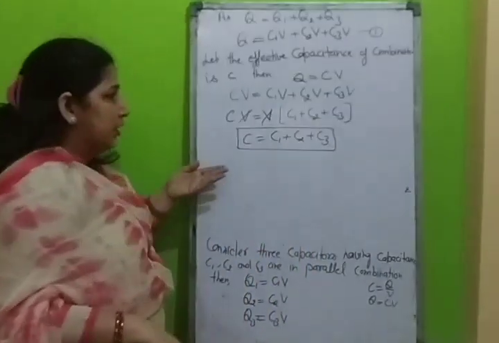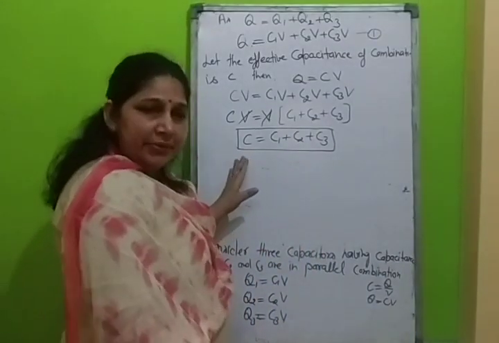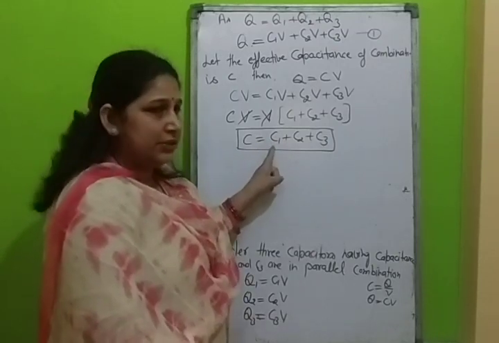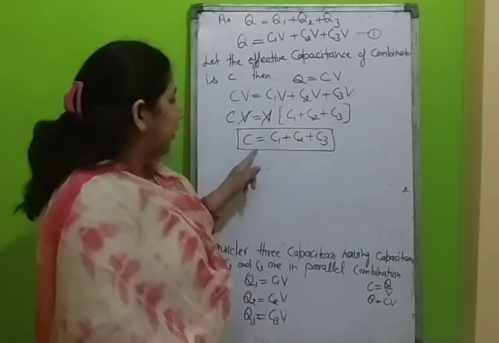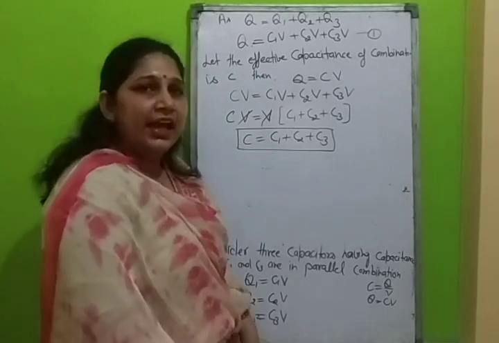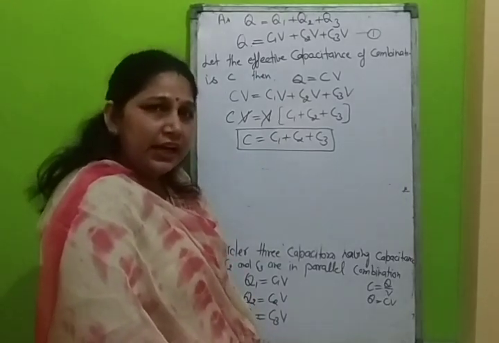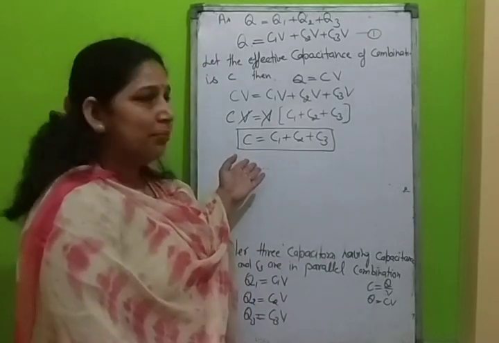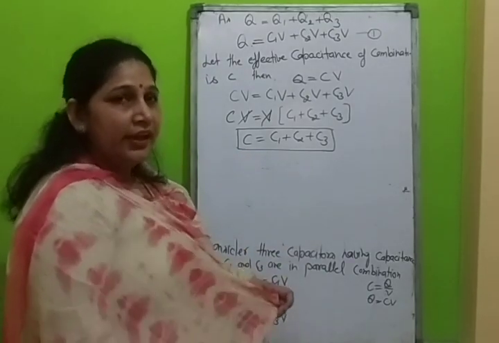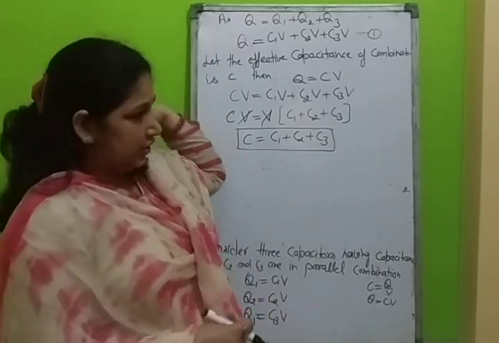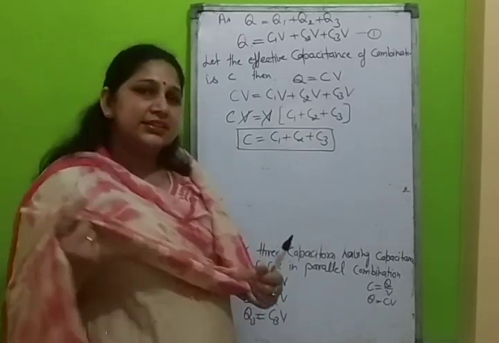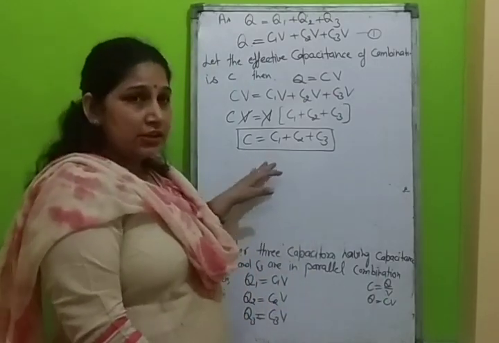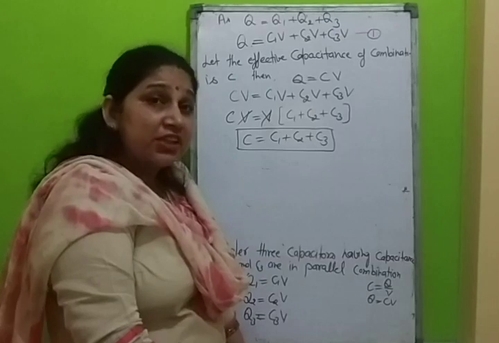Yes. This is the resultant capacitance of the combination of three capacitors having capacitance C1, C2, C3. It is clear from this relation, this is like when three resistors are in series combination. And now we take the three capacitors in parallel combination. It is clear from these two derivations that the relation for the series combination of capacitors is similar to the parallel combination of resistors, and the relation for the parallel combination of capacitors is similar to the series combination of resistors.